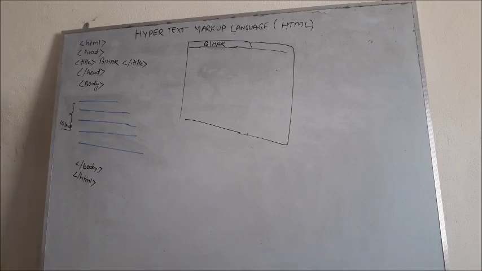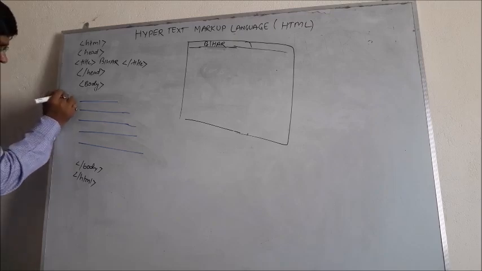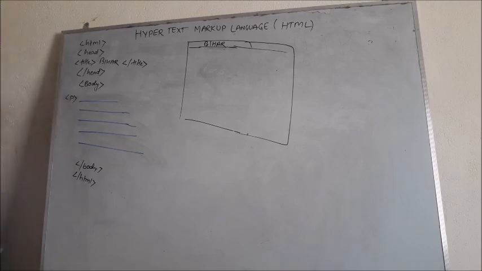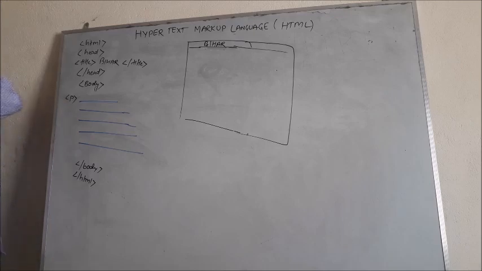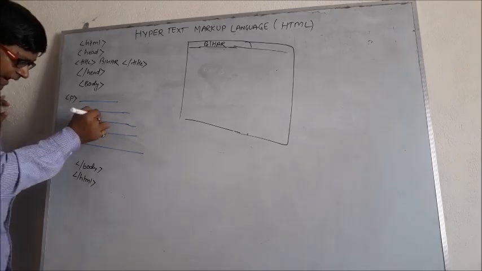right? For that, after the body tag, I will just start P like this, correct? This is the starting of a paragraph. And suppose I have to take the first paragraph up to here.